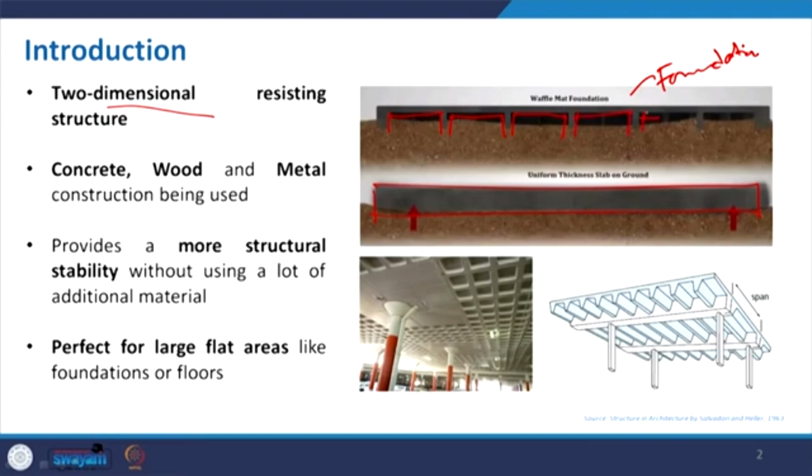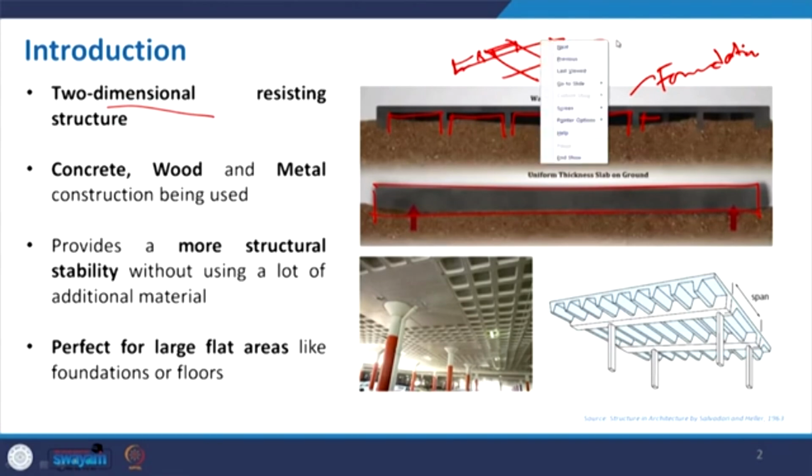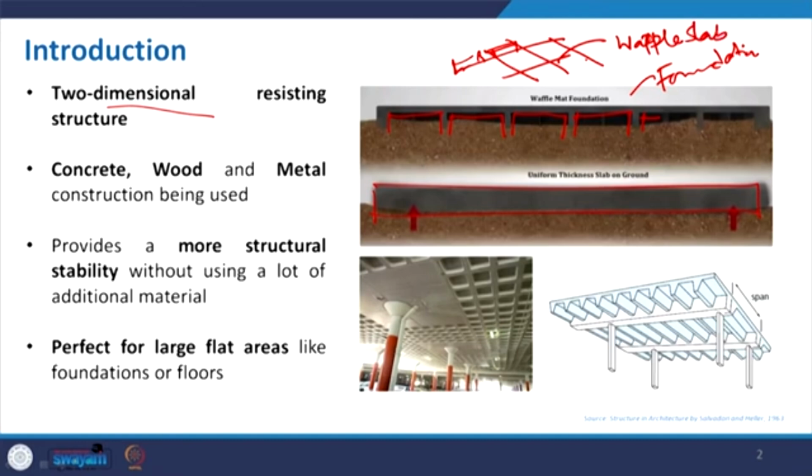It will have a particular grid structure with some thickness. We also call this a waffle slab. This will not only reduce the material, but also increase the efficiency of the structure.